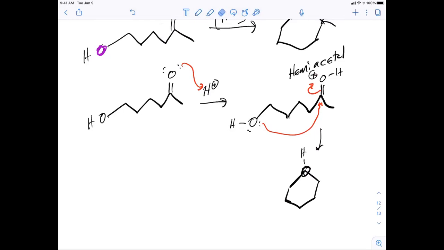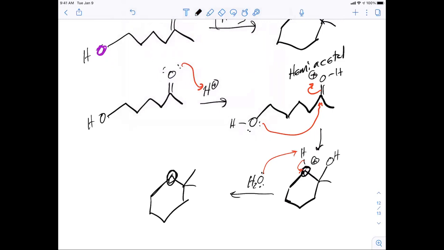And then we'll get a proton transfer. Okay. Questions about this one?